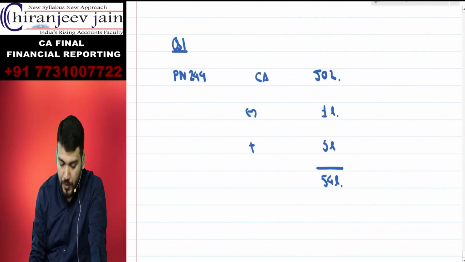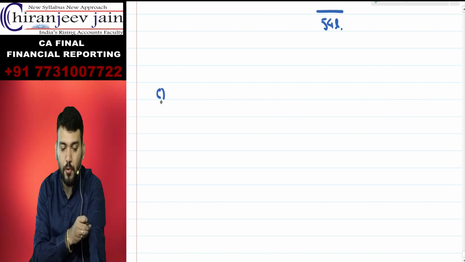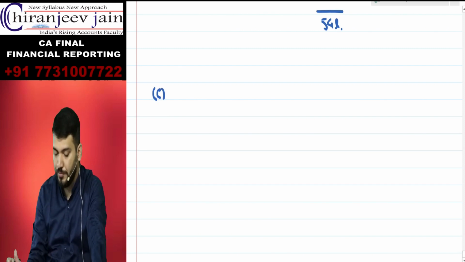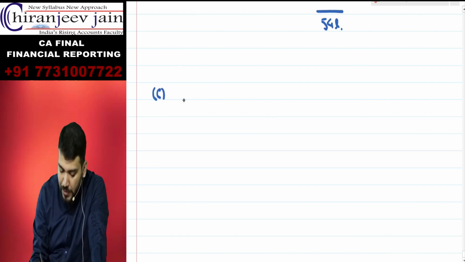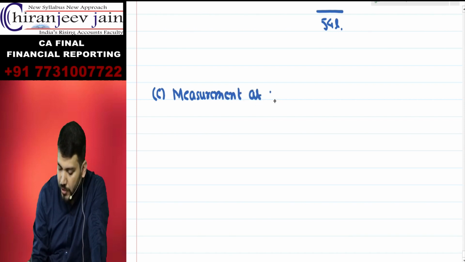Next point, point number C. We have done point number B. Now point number C: Measurement at initial recognition.